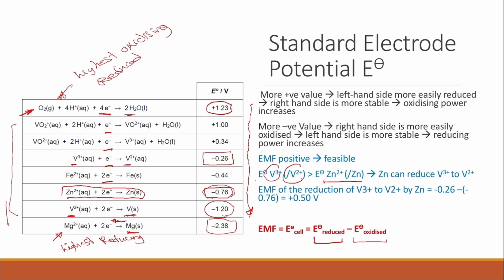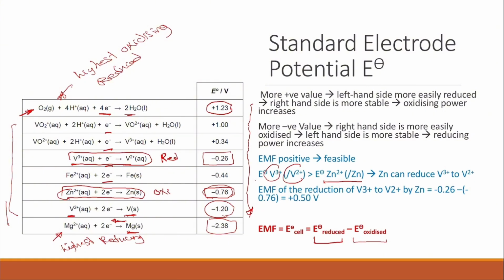And now we can calculate the EMF, or electromotive force, of any cell. So let's say we are going to calculate it for the vanadium 3 plus to vanadium 2 plus along with the zinc. Now we know that this is the reduction and this is the oxidation.